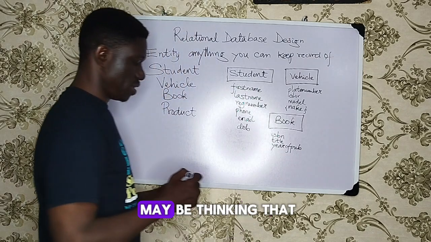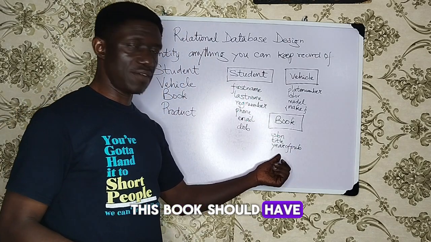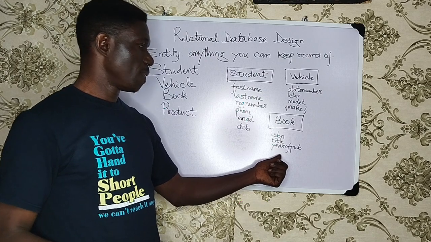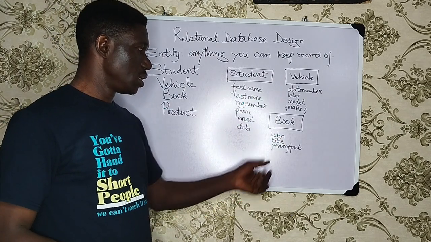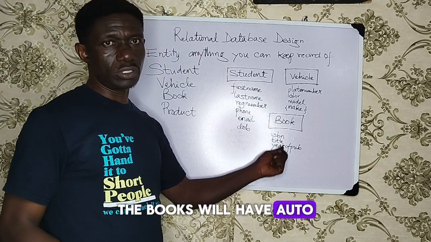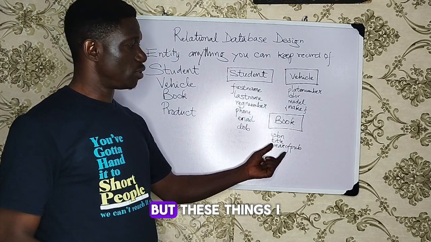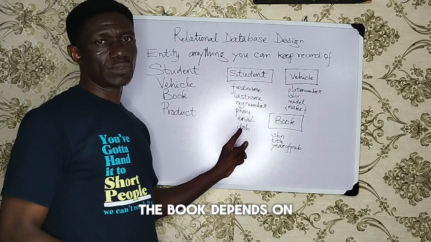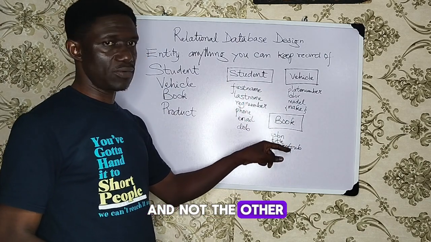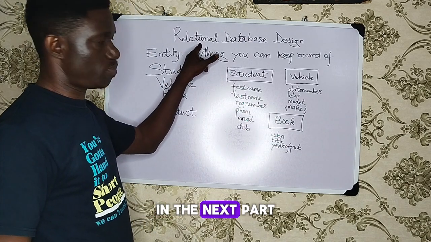Now, I know you may be thinking that this book should have an author. Yes, that is what we are going to do in the next part. The book should have author, the book should also have publisher, but these things I have mentioned, the book depends on the author and not the other way around. So we are going to form that relationship in the next part.